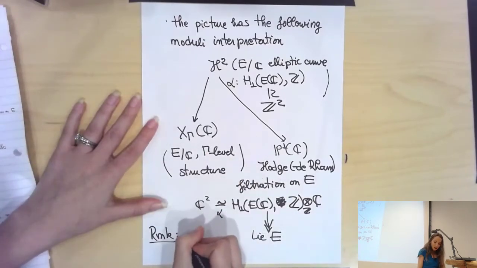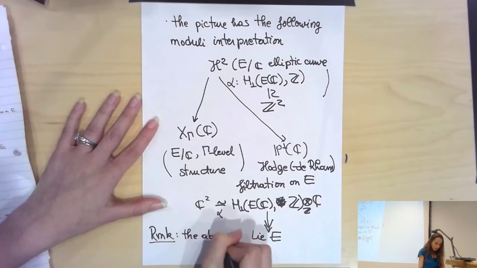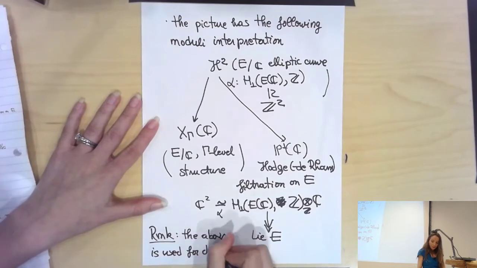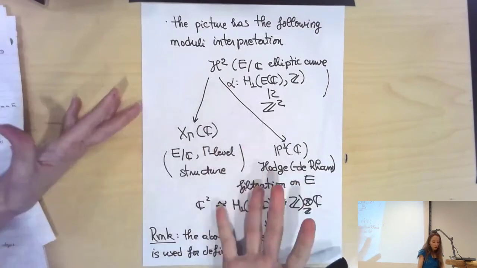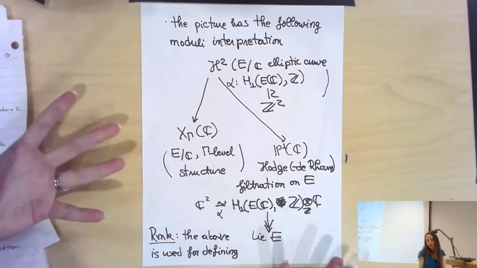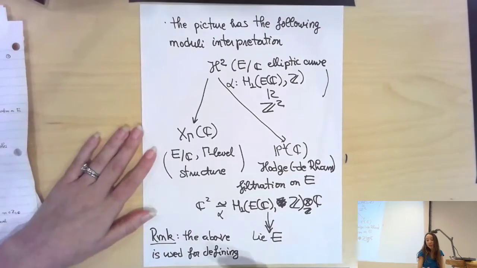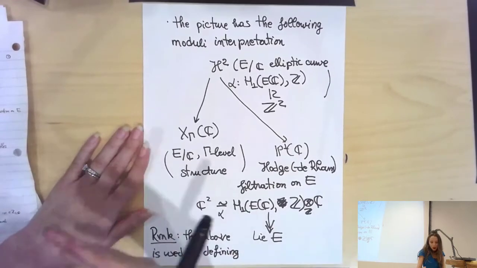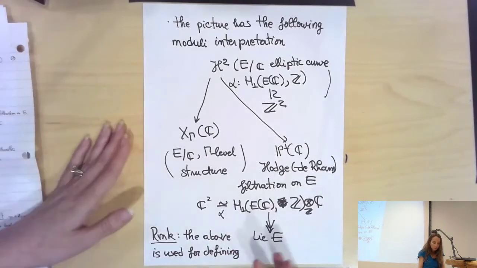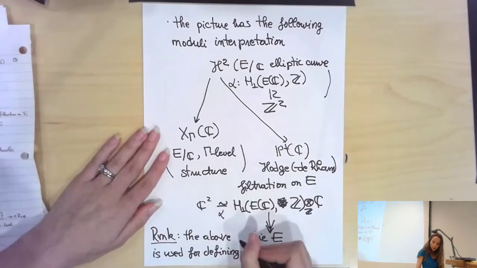So maybe I'll just say that the above picture, just the complex one, is used, say, for defining automorphic vector bundles, which are vector bundles whose sections are given by automorphic forms. So in general, if you want to define generalizations of modular forms with arbitrary weight, you want them to be sections of certain vector bundles. These are going to be the automorphic vector bundles.